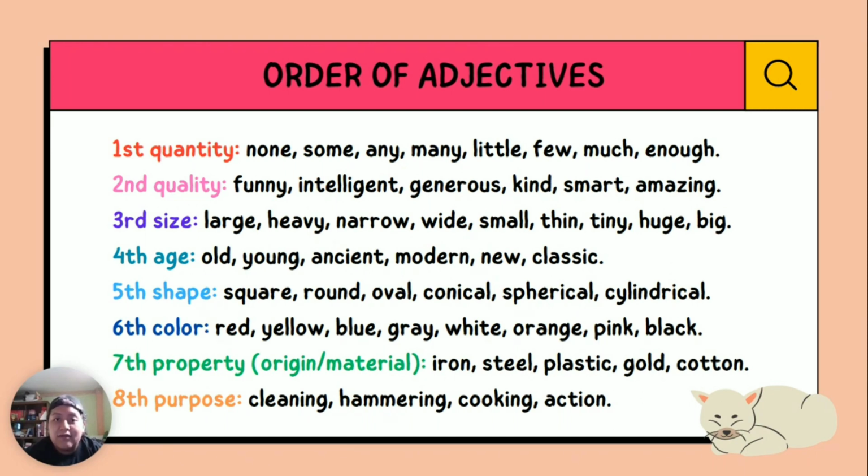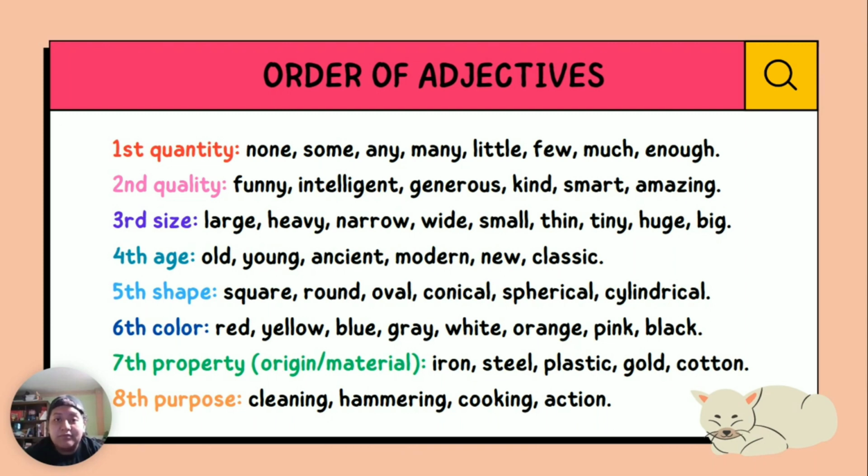The second category is the quality. For example, funny, intelligent, generous, kind, smart, amazing, and more.